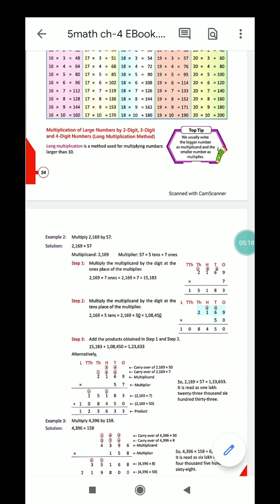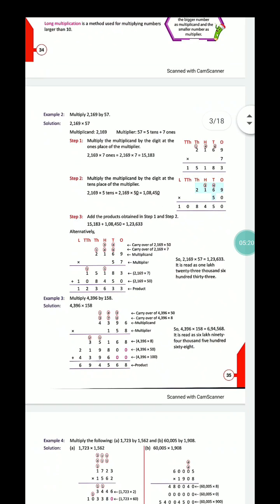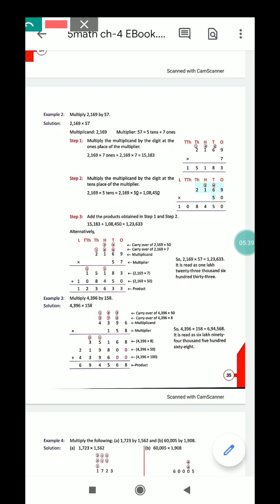Now let us take an example to understand this method. Example number 2, multiply 2169 by 57. So how will we multiply? Here the multiplicand is 2169 and the multiplier is 57.